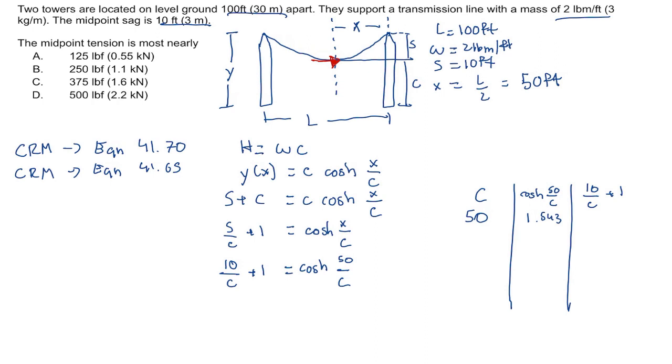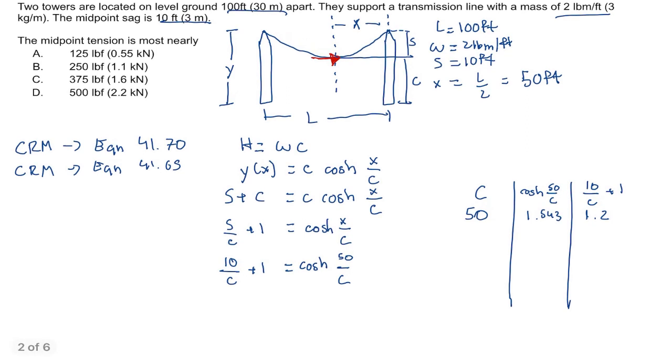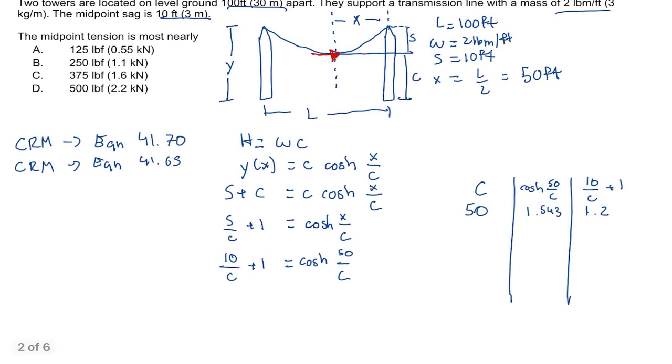And then on the other side, this 10 divided by 50 plus 1 is going to equal 1.2. Okay. So we got 1.543 on one side and 1.2 on the other side. Kind of close, but not close enough. Let's keep going. Let's try the next one. We're going to try go higher.